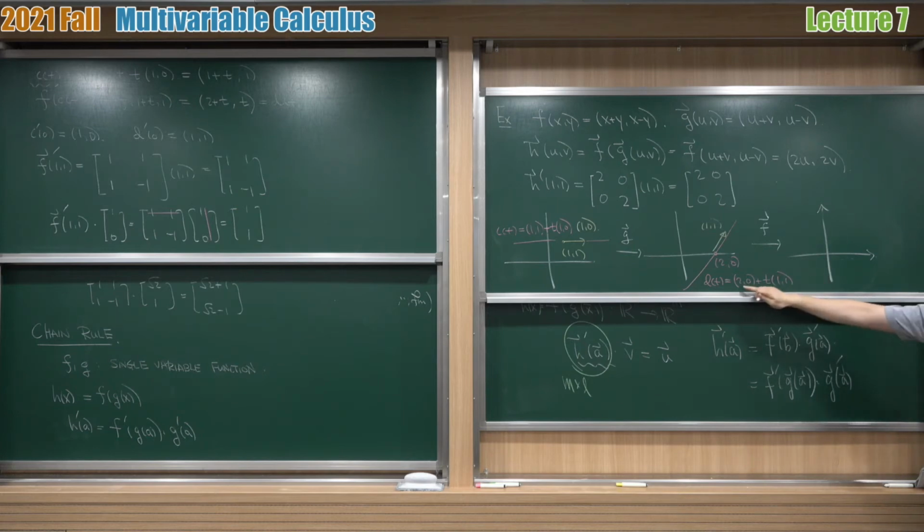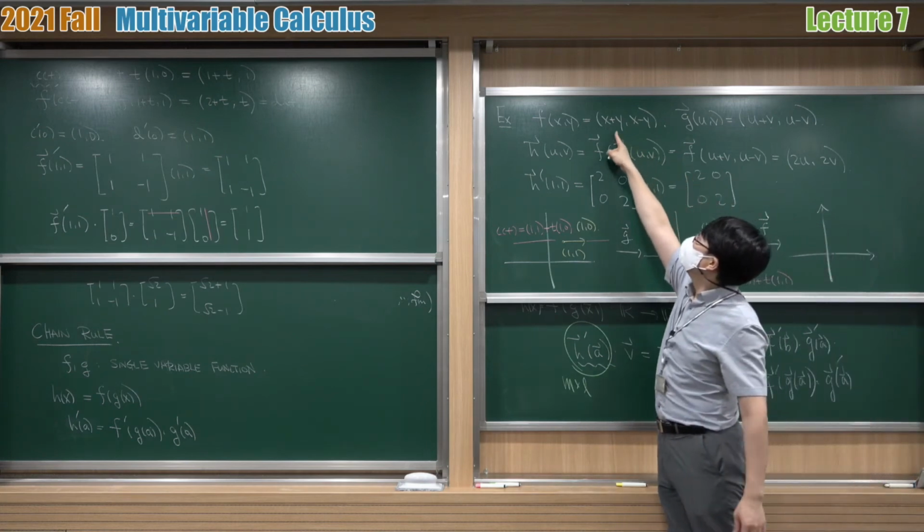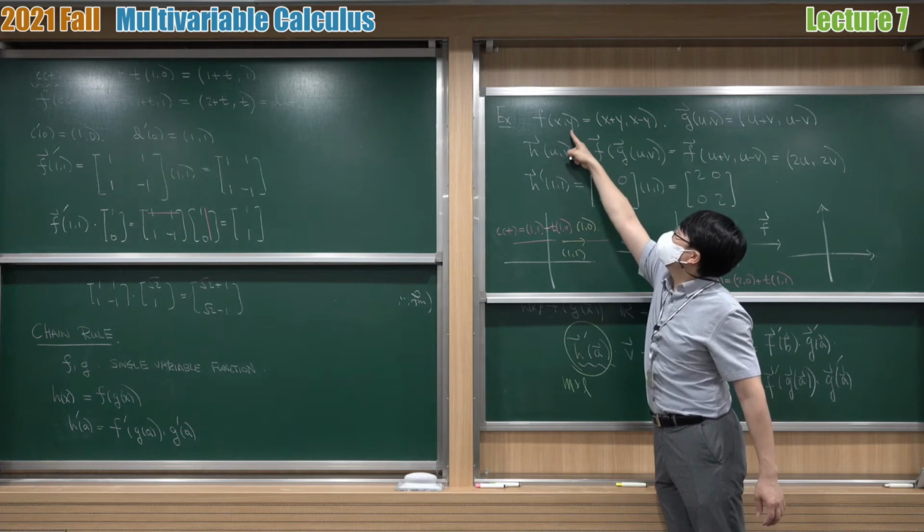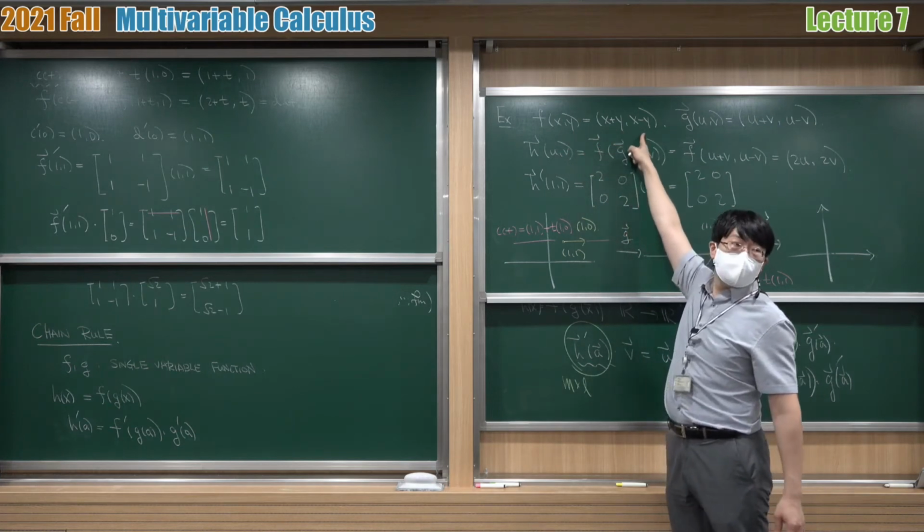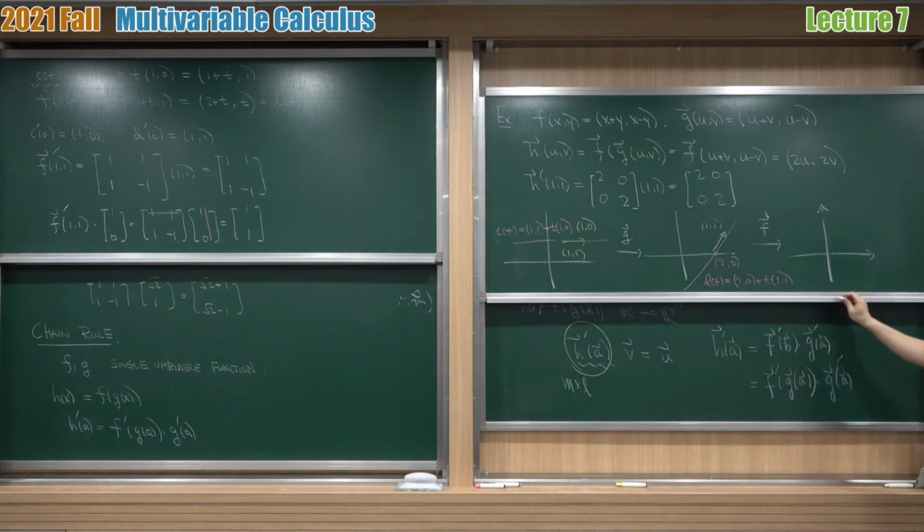So you have to plug in 2, 0 in the function F. You have to plug in 2, 0 in here. 2, 0. 2, 2, right?